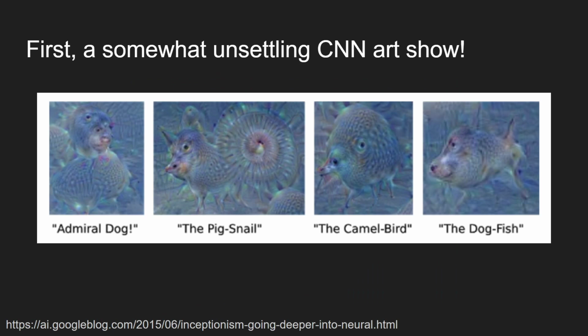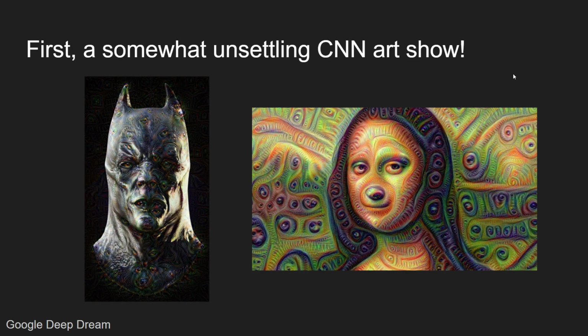We can also look at some of these. These are the activation maps of the inside of neurons, and these are specifically ones that ended up combining two classes. So we have a dog that's also an admiral, I think. We have a pig snail, always fun. Camel bird, dogfish, just nothing that needs to be around.